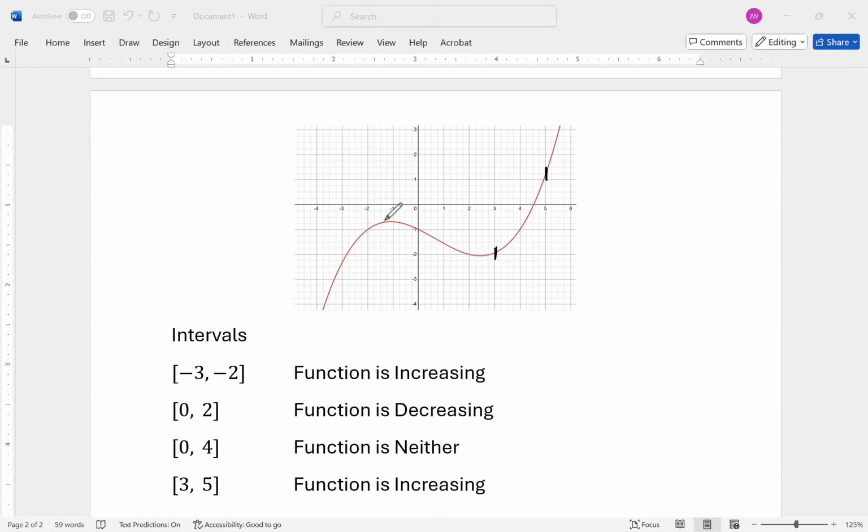Maybe not -1, but from -2 to -1.5, the function is increasing. But just because two things are increasing doesn't mean it's increasing at the same rate and in the same way, obviously. So this is a slower increase. This is a faster increase. I just wanted to point that out because that's something we're going to look at later.